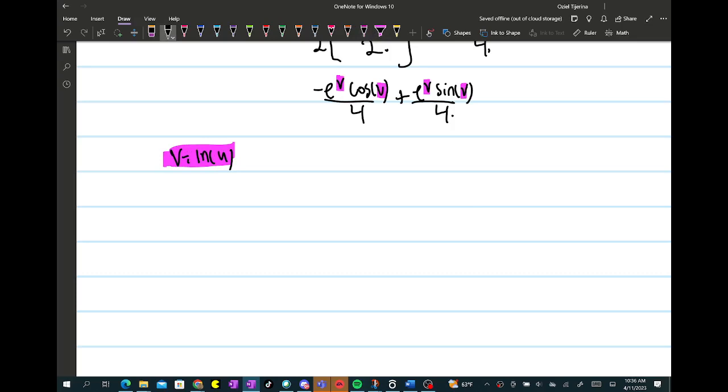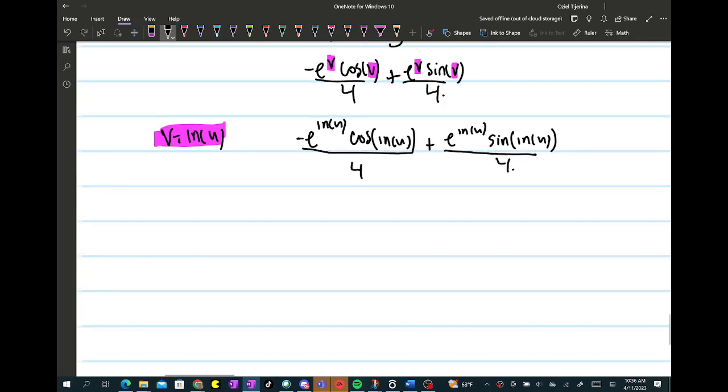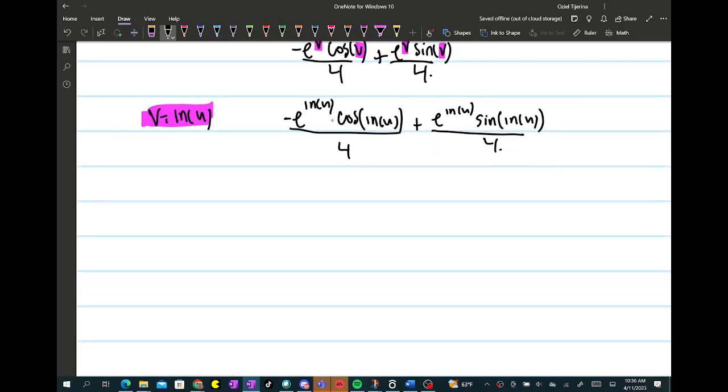So we're going to say negative e to the natural log of u cosine of natural log of u, all over 4, and then plus e to the natural log of u sine of natural log of u all over 4. So then the e to the ln cancels out, and this becomes negative 1 times cosine of natural log of u all over 4.